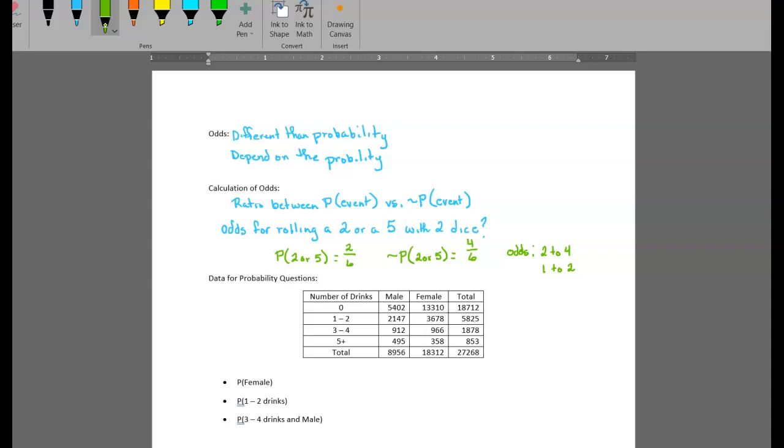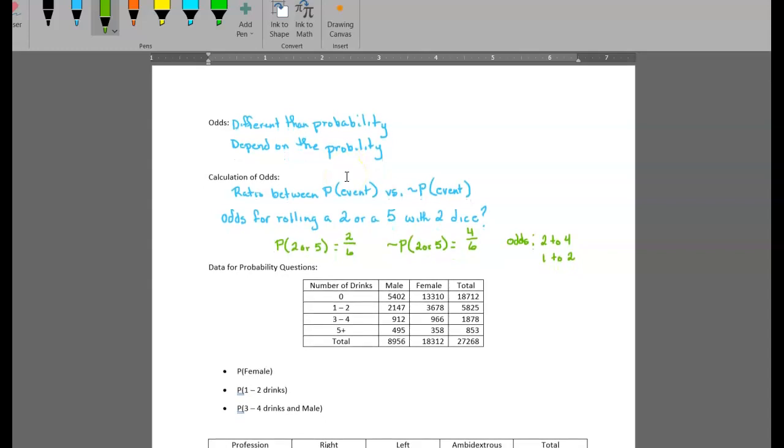It just depends on whether it's the odds for you or the odds for the gambling establishment, what we call the house. All right, so just know that odds is very different than probability. It depends on the probability. It is not probability, although people try to use those words interchangeably all the time.